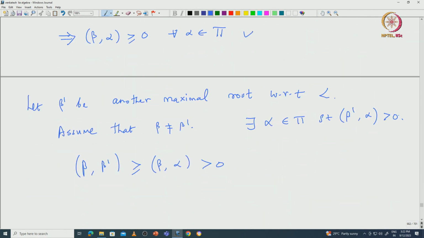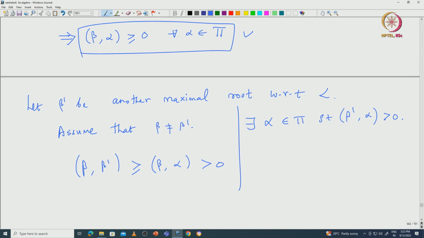Not because of our earlier observation. From our observation we already proved that for any maximal root beta, the inner product of beta and alpha will be non-negative for all alpha in pi.